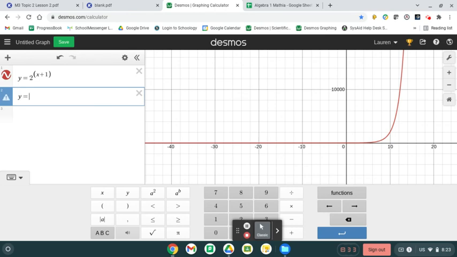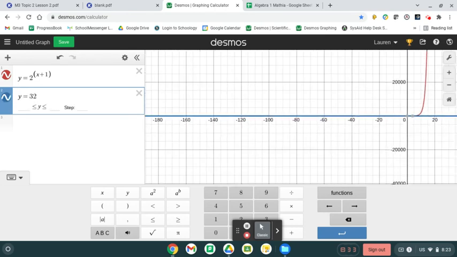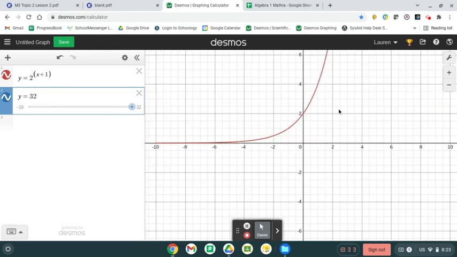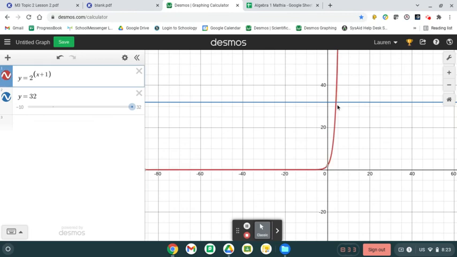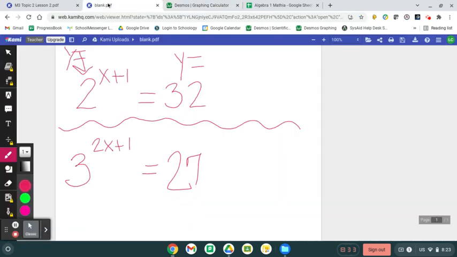And then y equals 32. Let's press home here. And we see where it crosses, and the answer is 4. So when you see something like this, they'll want to know what x equals, and x equals 4. So it's so much more simple than the way that they wanted us to show you.